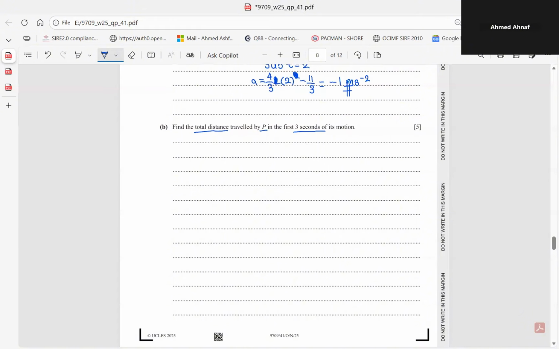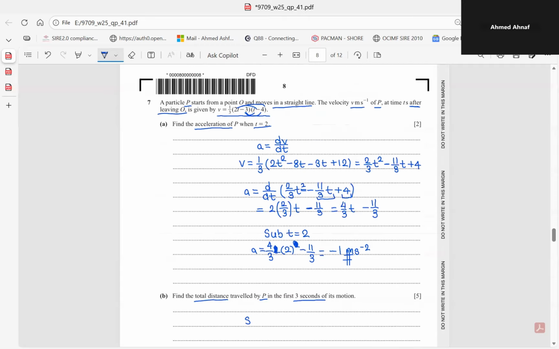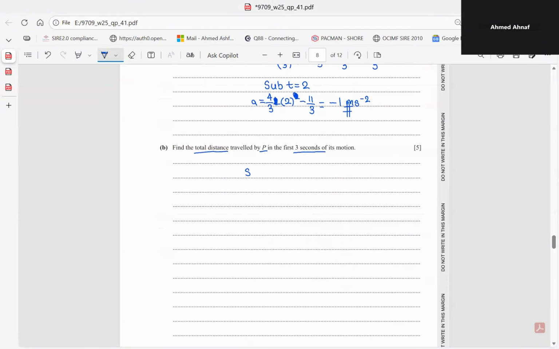To find the total distance, we need to know the expression for displacement, or s. Relating displacement to velocity, it is the integral of velocity with respect to time. So let's integrate it.